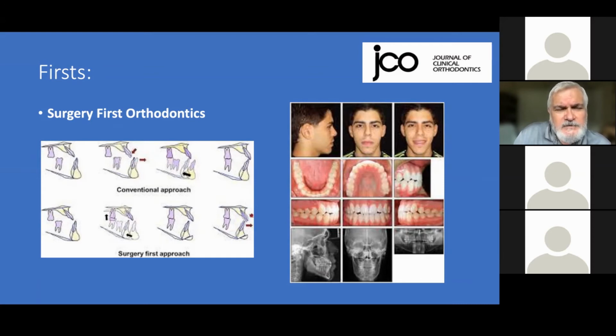So you'd set the maxillary teeth in the proper space that you would anticipate within the maxillary alveolus, set the lower teeth in their proper space according to their space in the lower alveolus, and then the jaws themselves were resected and reset, as we're seeing on top here, to make the skeletal alignment correspond with the dental alignment. So this is the conventional approach where you do ortho first and then surgery.